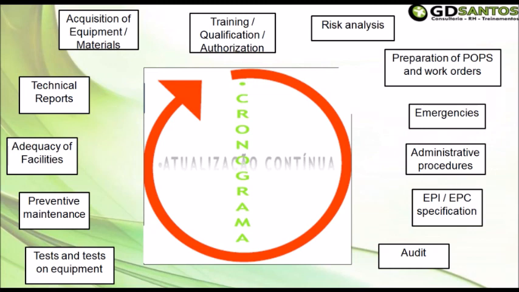In short, according to NR10, all establishments with installed load equal or more than 75 kilowatts shall have an updated logbook with all these procedures being regularly realized. Well, now we follow to Module 3.